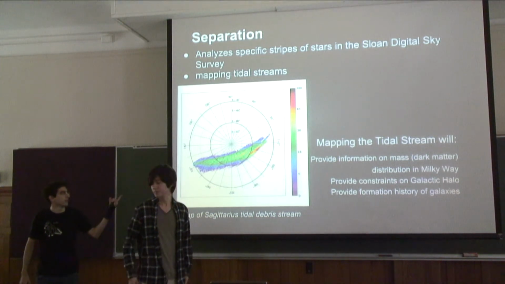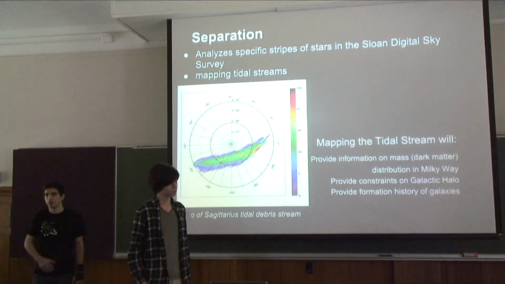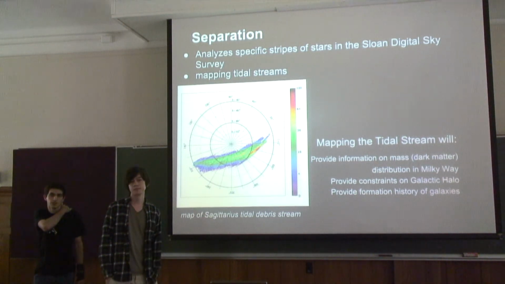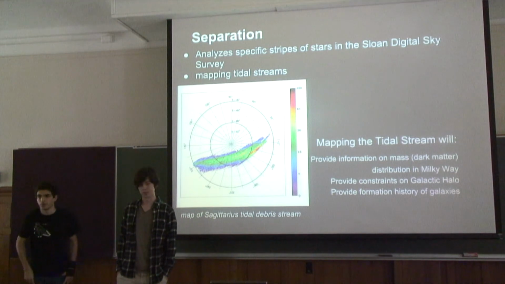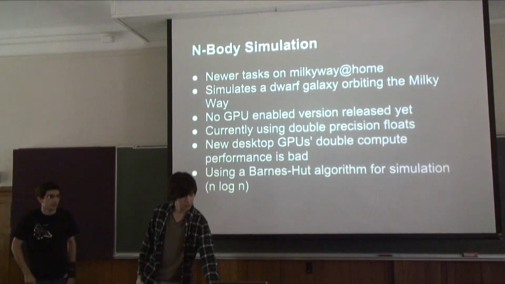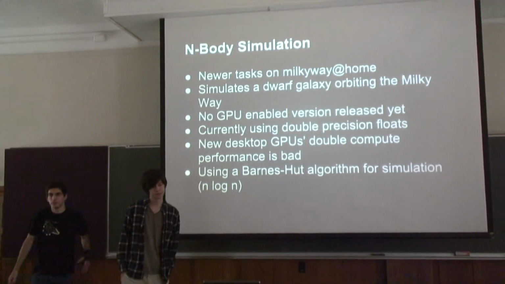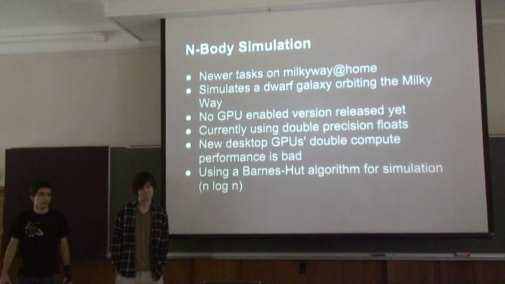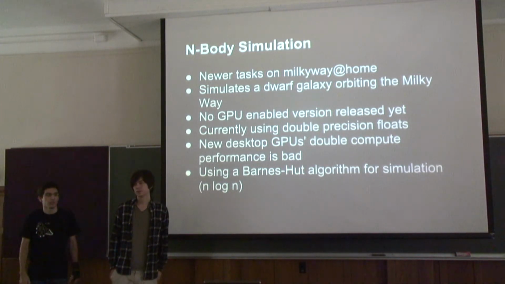This is a mapping of the tidal stream, a very large one, and we got this like 3 or 4 weeks ago, so it's pretty recent. Very recent. So the n-body simulation is something relatively new, and we're doing this because we're almost complete with the separation code. So we have to send out more work units.